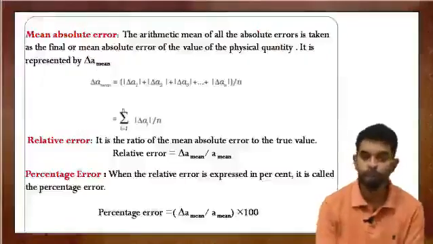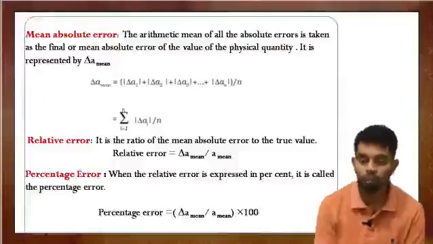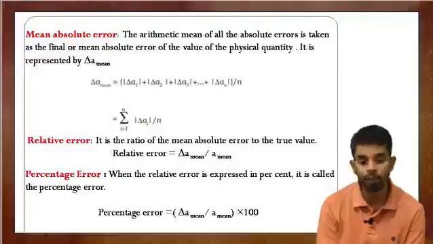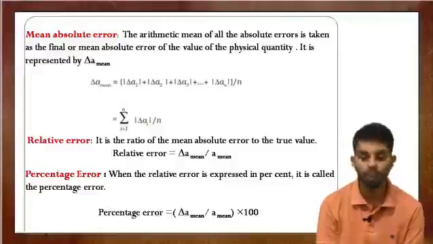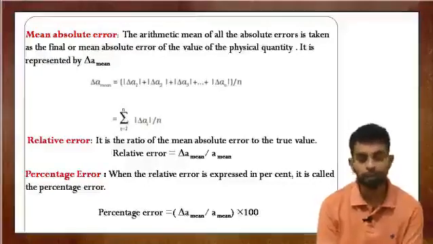Now, mean absolute error. The arithmetic mean of all the absolute errors is taken as the final or mean absolute error of the value of the physical quantity. It is represented by del A mean. Last time we saw that the absolute error in the first measurement is del A1, similarly for the second is del A2, like this del A3, del An.